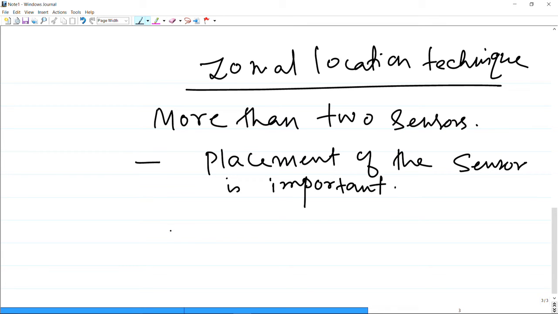And also, in order to get an idea about the location or the zone of the source, the sensors should be placed in a particular pattern.